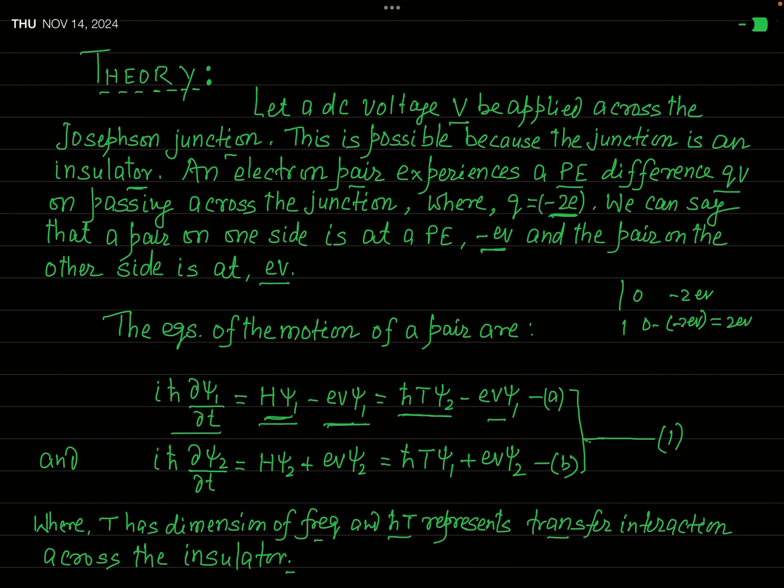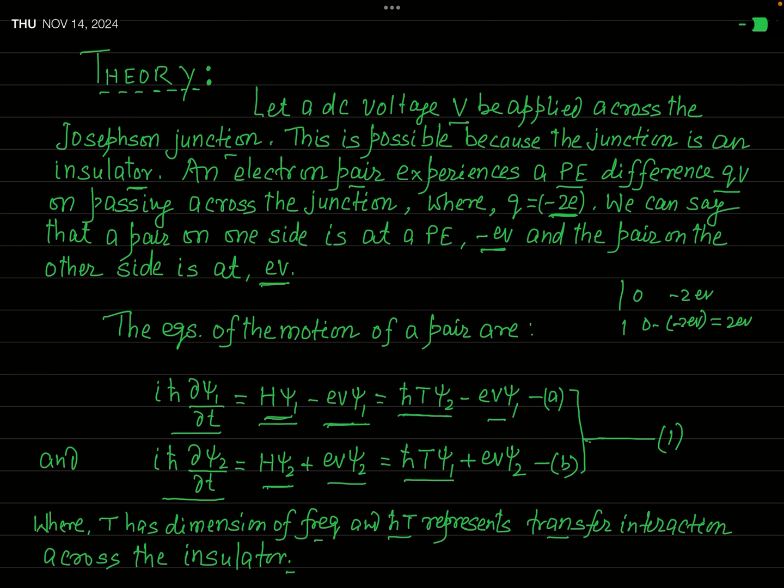Now for the Cooper pair in the other region, you can write the equation of motion like this: i h bar del psi2 by del t equals H psi2 plus eV psi2, because the energy of the Cooper pair in the other region is equal to eV, not minus eV. Again, this H psi2 will be replaced by h bar T psi1.